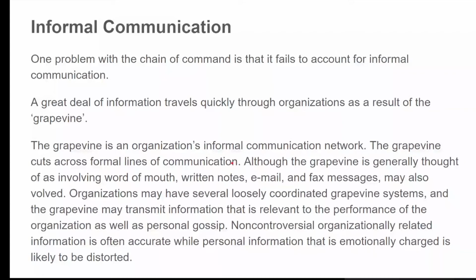And because so much stock has been put into this, we call this the grapevine. I heard it through the grapevine, Marvin Gaye, or Creedence Clearwater Revival. The grapevine is the informal communications network in an organization.